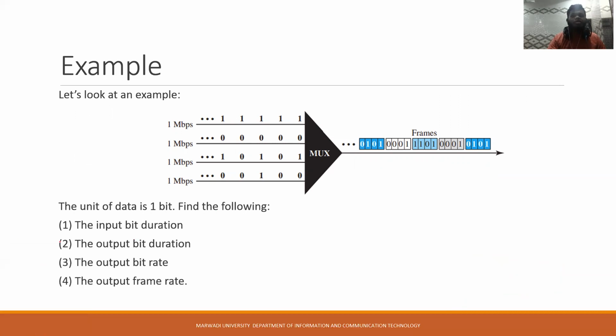let's take the pen. And the input bit duration, here we have 1 Mbps, 1 megabits per second. So 1 divided by 10 raised to 6. So this is a 1 bit duration, and we can simplify it to 1 microsecond.